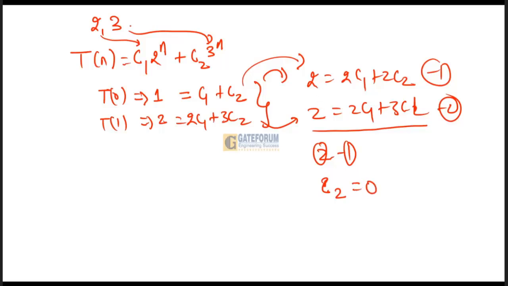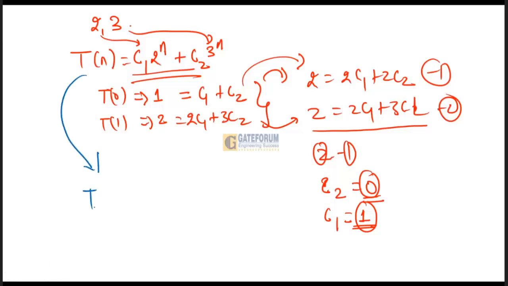If I put c2 equal to 0 in either equation, I get c1 equal to 1. So I just replace the c1 and c2 values in my complementary equation, and it looks like this: tn equal to 1 into 2 to the power n plus 0 into 3 to the power n.